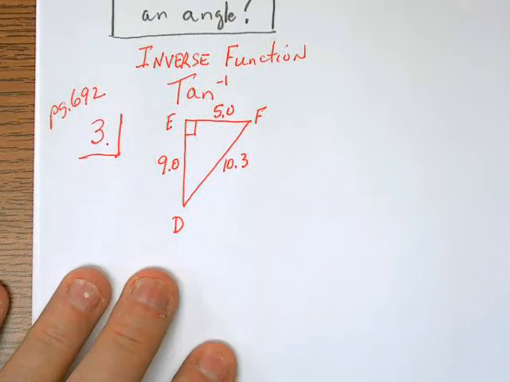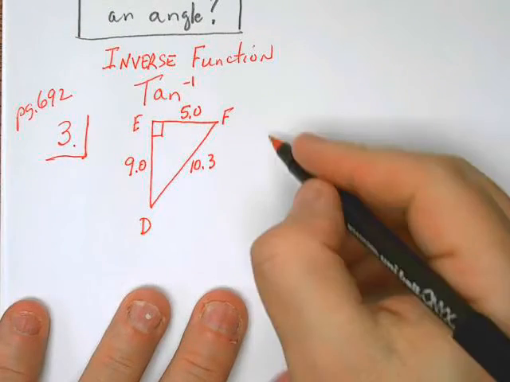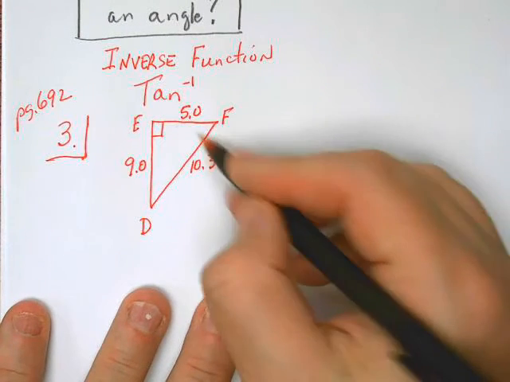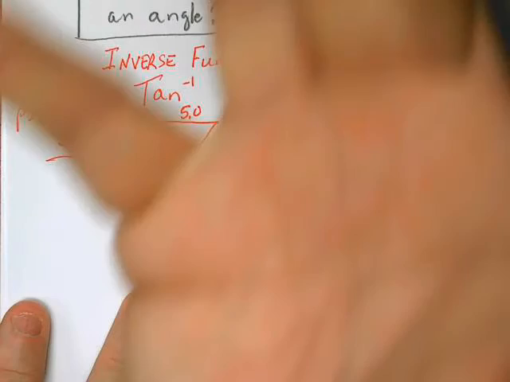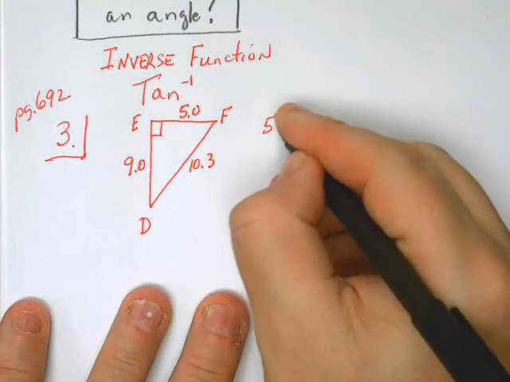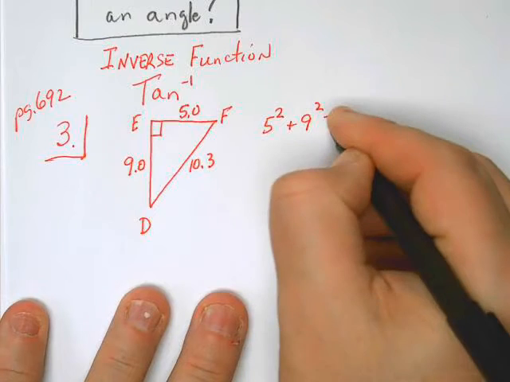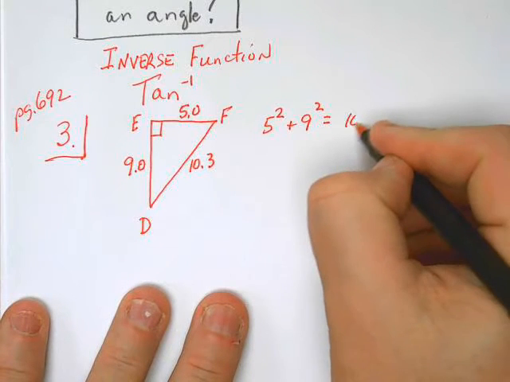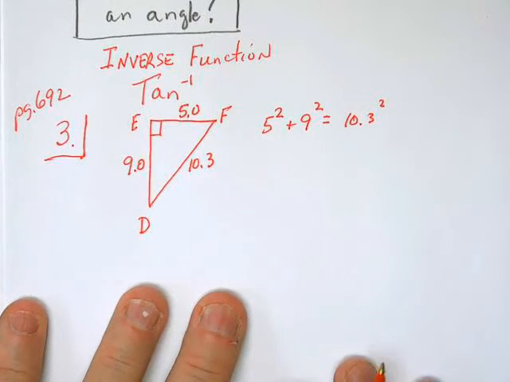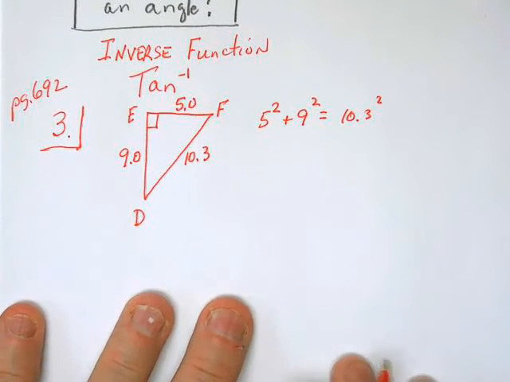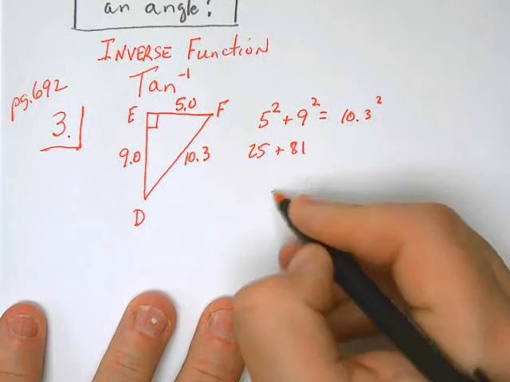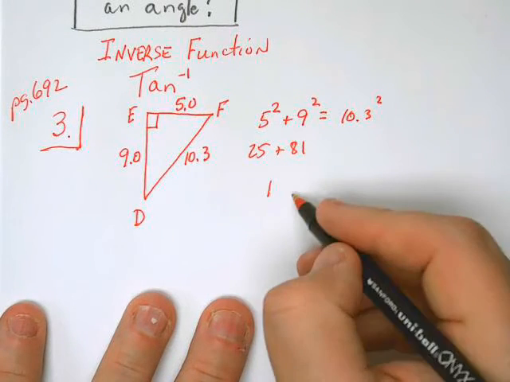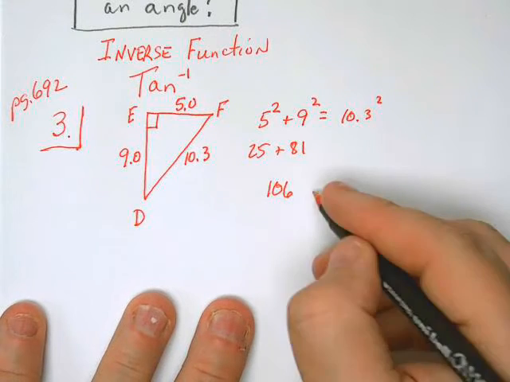Let's just for the fun of it make sure that the Pythagorean theorem works, because anytime I have a right triangle, the Pythagorean theorem should work. So 5 squared plus 9 squared should equal 10.3 squared. Let's verify. 25 plus 81 is 106.